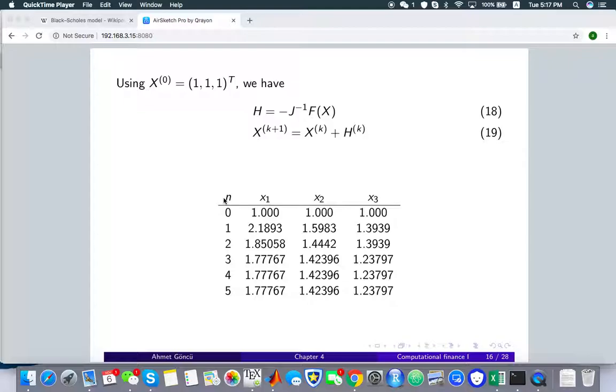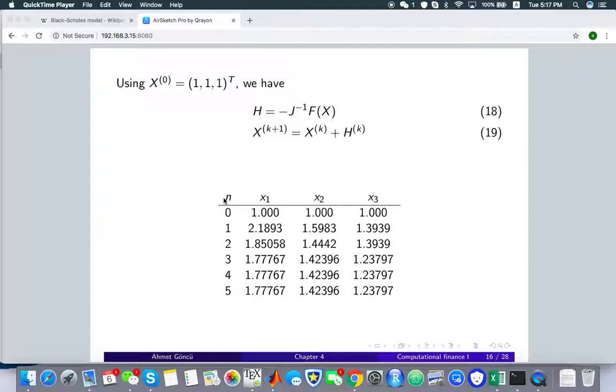I can calculate this vector, and what I have written is the value of these vectors. At the initial iteration, this is our initial condition, and then we write the value of x1 using this equation, and you can calculate these on your computer or using a calculator.